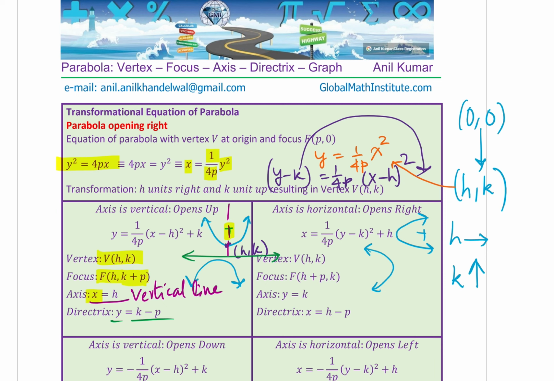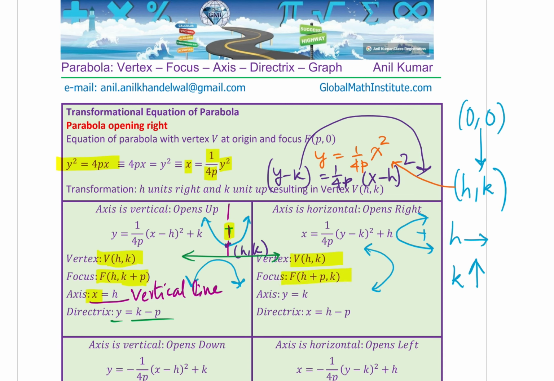So that is how we get our transformed equation. If it is opening to the right, in that case, from y we take away k, plus h will become the equation for the parabola. Vertex now is at (h, k) as before. However, it opens towards the right.